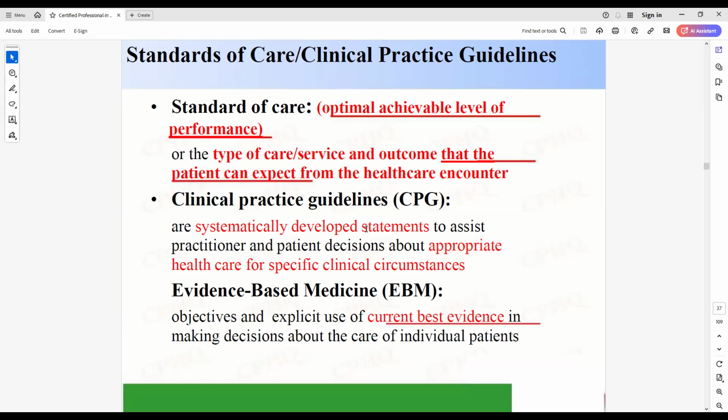You will find clinical practice guidelines for a certain infectious disease that you need to manage or monitor, because it really details the care of the patient and the different decisions the physicians or the clinical team can take in caring for those patients. Evidence-based medicine is the objective and explicit use of current best evidence in making decisions for the care of the patient.